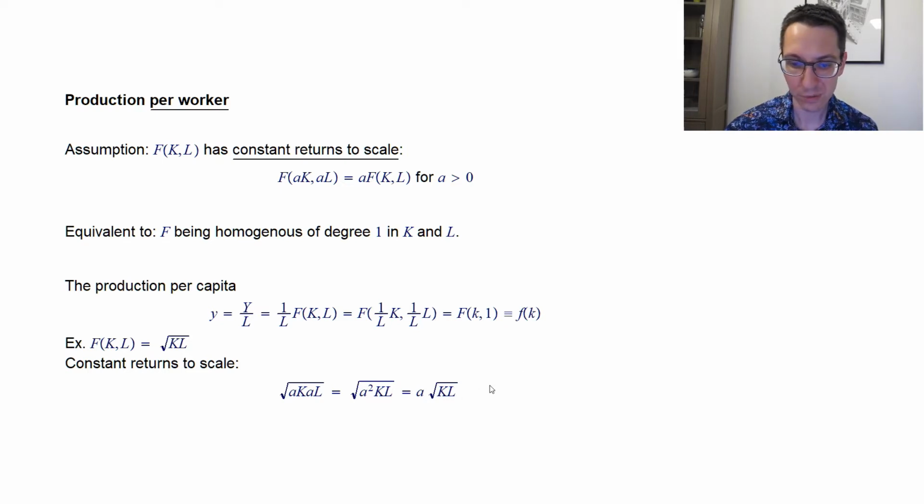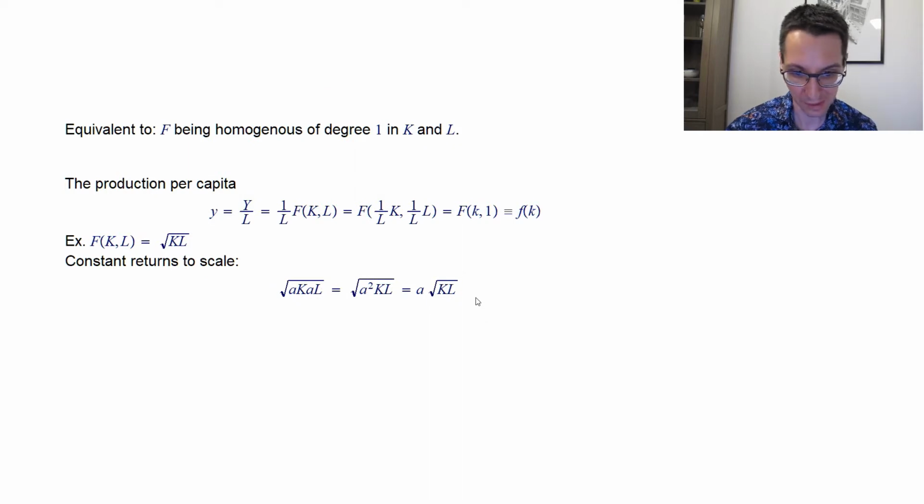All right, and then what will be the production? So we will have then y, small y equals square root of KL divided by L. It's going to be equal to square root of K divided by L, L divided by L. So it's going to be equal to square root of small k.